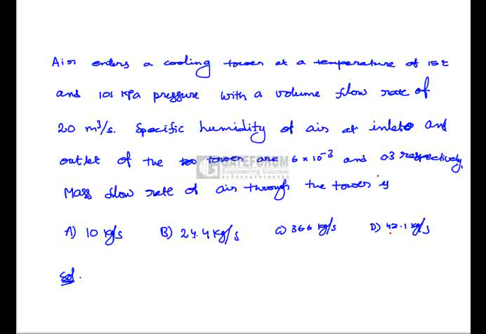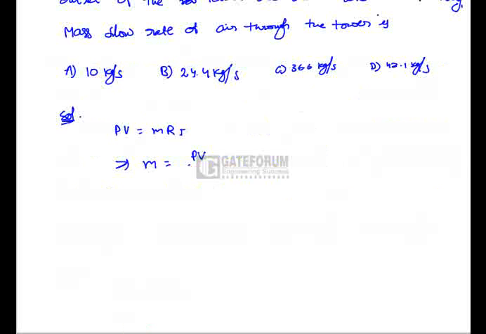So here consider the initial conditions: temperature 15 degrees centigrade, pressure 101 kilopascal, volume flow rate 20 meter cube per second. By applying perfect gas law, PV is equal to mRT. From this equation, we can get the mass flow rate equal to PV by RT. We know the values of P, V and T, and R we can assume as 0.287 kJ per kg Kelvin or 287 J per kg Kelvin.